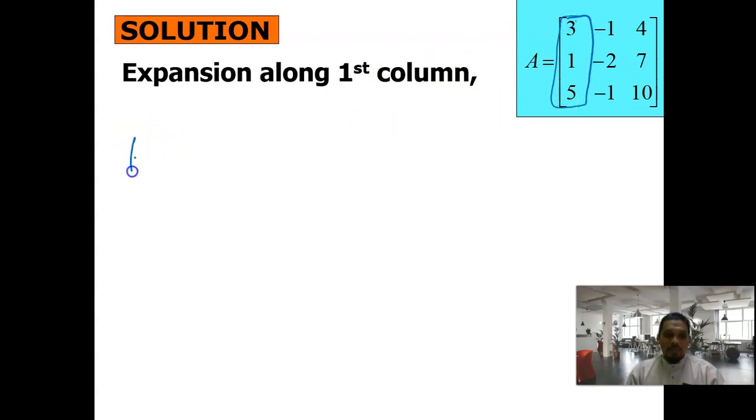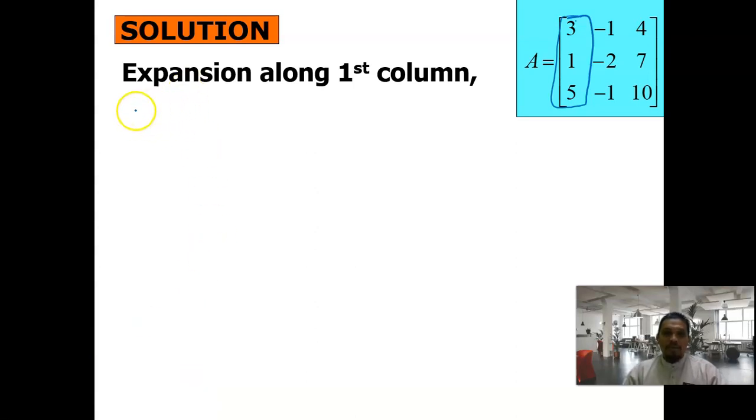So now, the determinant of A equals... we are going to find the cofactor for each of the elements. Sorry, let's find out the cofactor first.